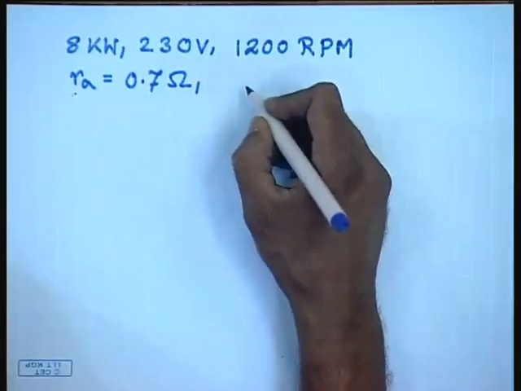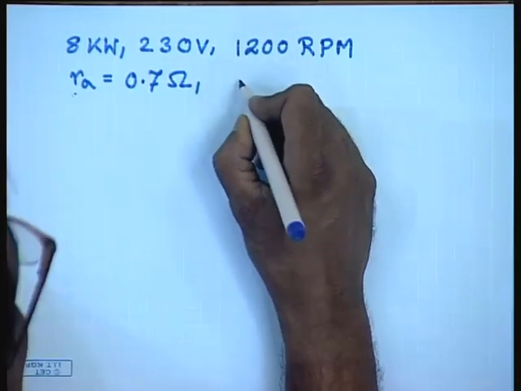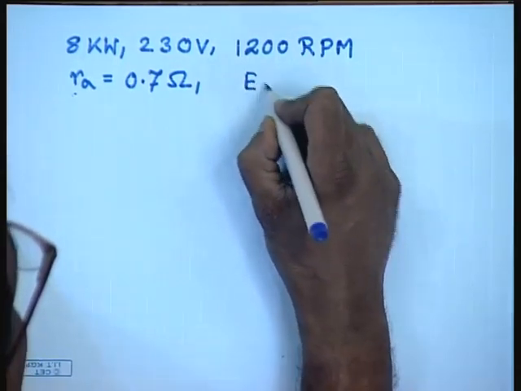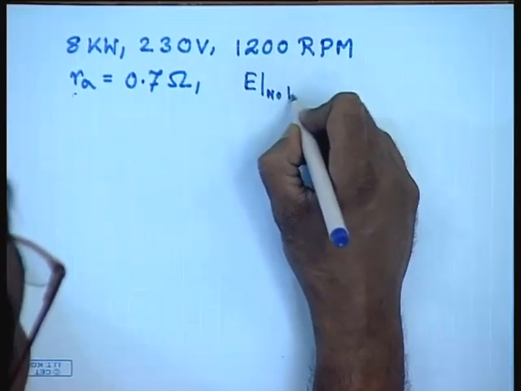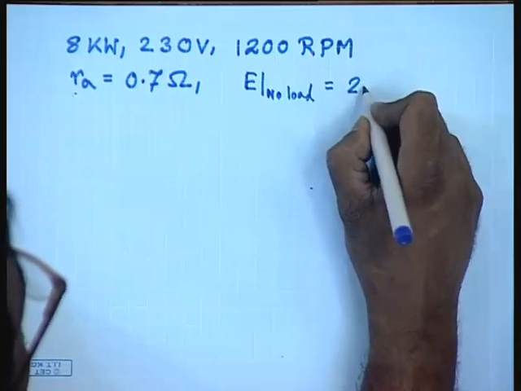The field current is adjusted, the no load voltage E at no load is set at 250 volts.